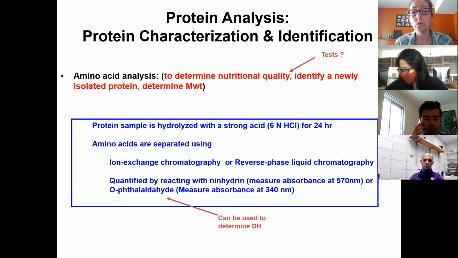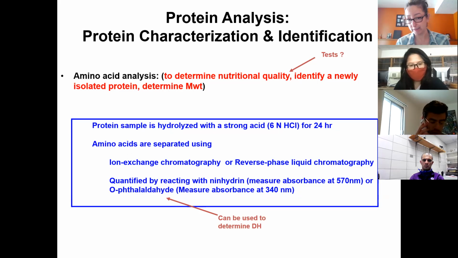And we quantify by reaction with an anhydride or OPA reagent. So we can measure absorption or we can measure fluorescence, depending on the availability of our detector.